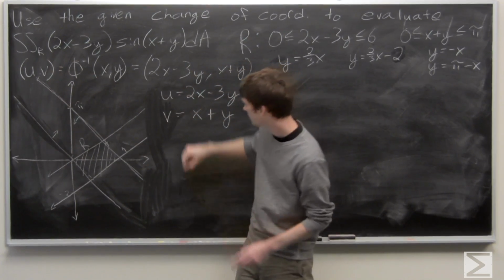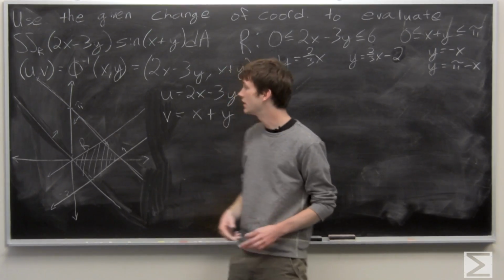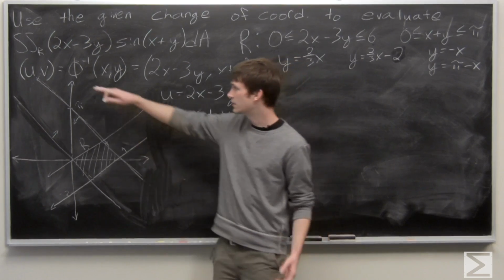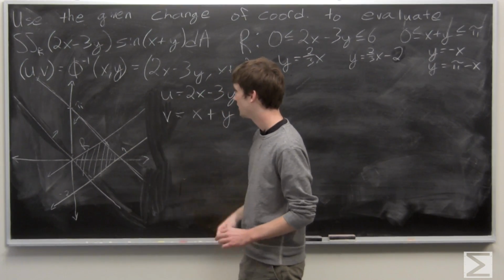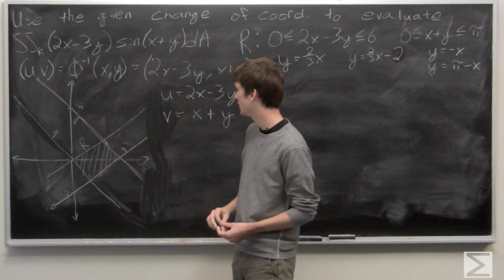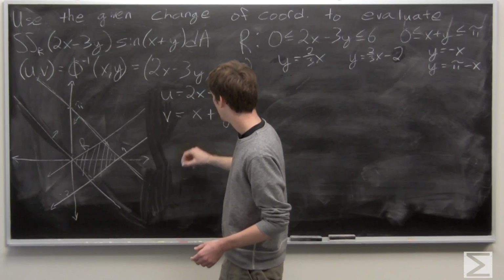First we want to make sure that the change of coordinates that's given is a smooth change of coordinates. We can do that by explicitly producing phi of (u, v). That means solving in terms of x and y.